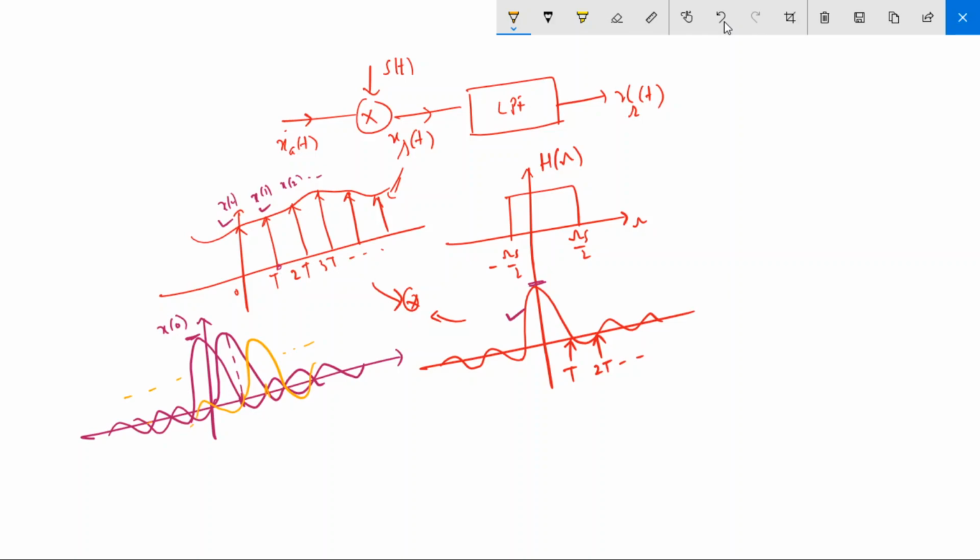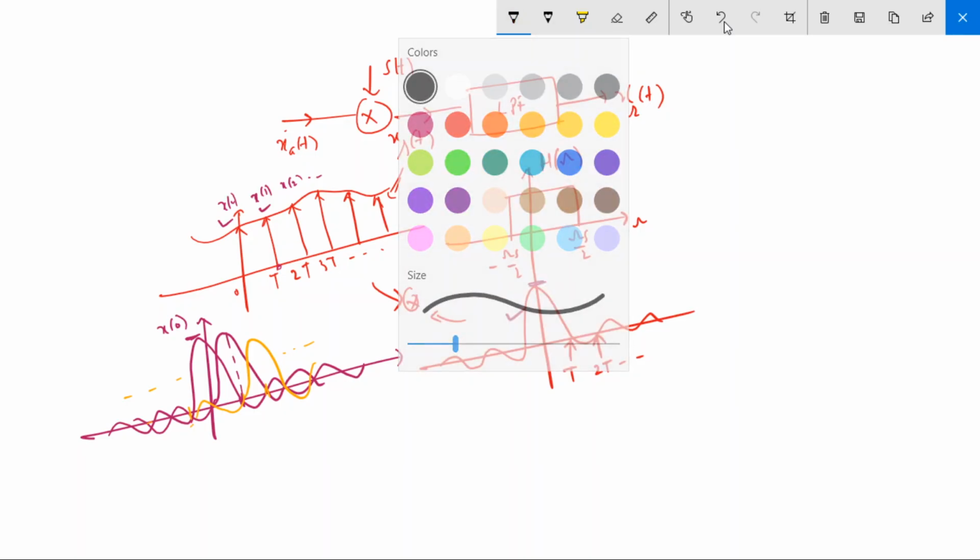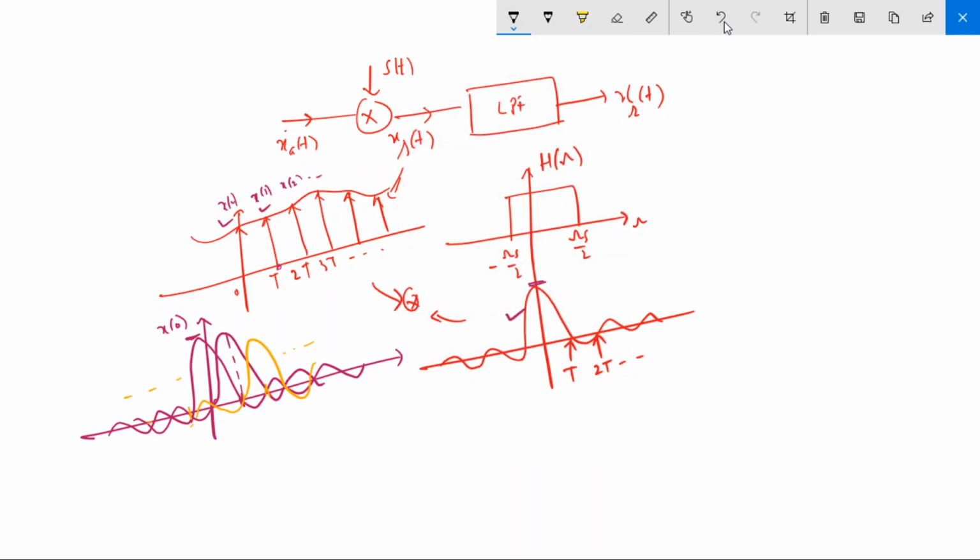In fact, the same sinc pulse is scaled by the sample value at that particular time and is shifted in time by T, then 2T, then 3T. And similarly you will get a sinc pulse here also on the left side. It will be centered at this point. So you will have like this.